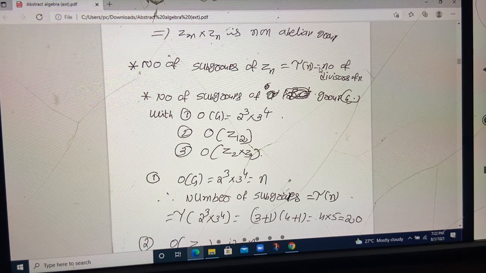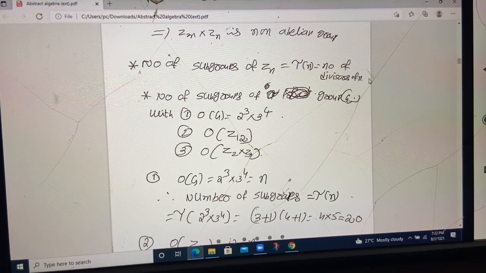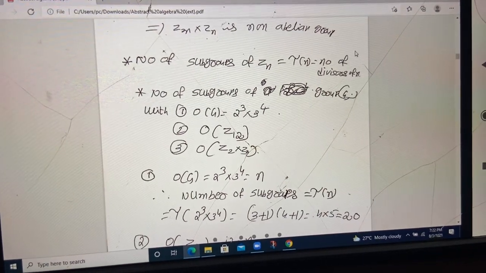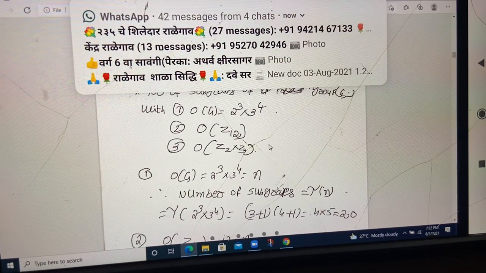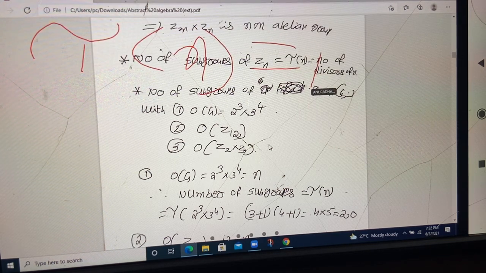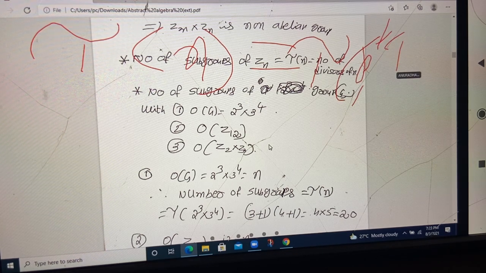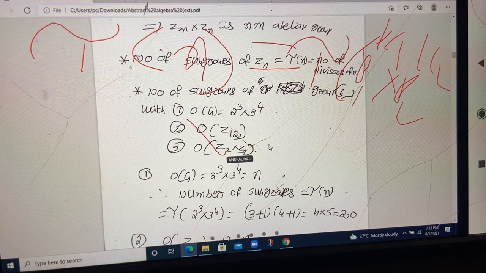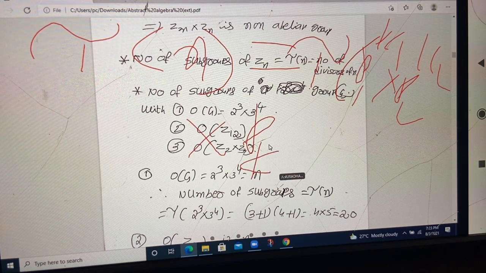What is meant by tau(n)? The number of divisors of n. How to find the number of divisors? Earlier we have discussed. Express n as p1 power k1, p2 power k2, and so on, pr power kr.